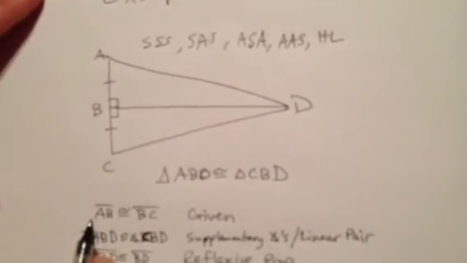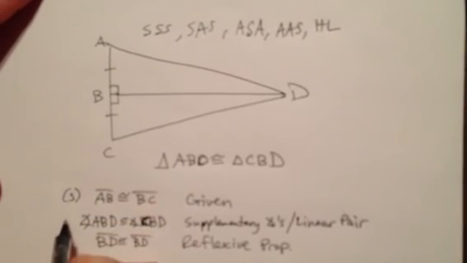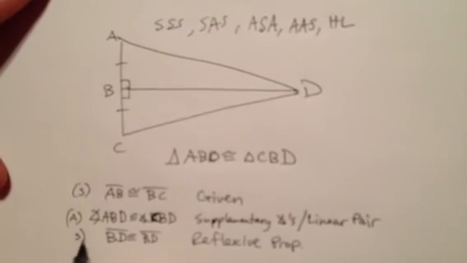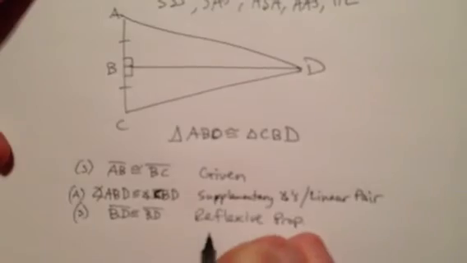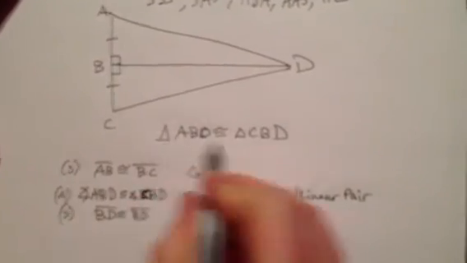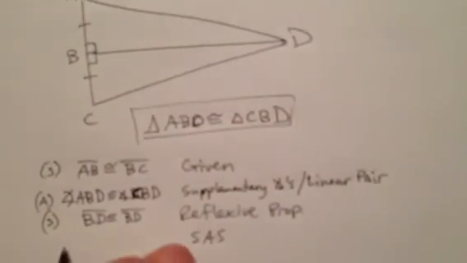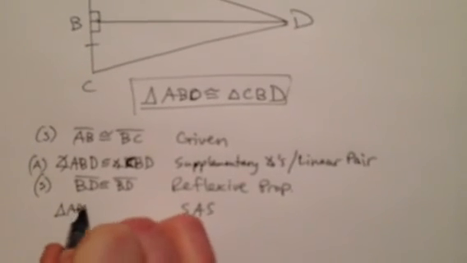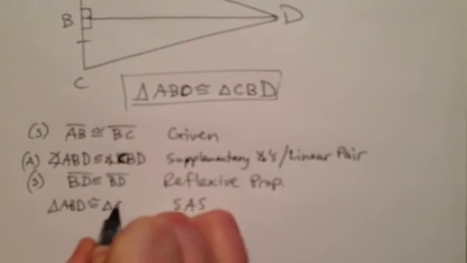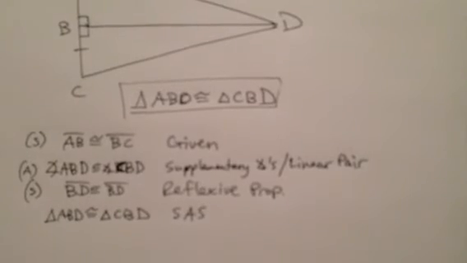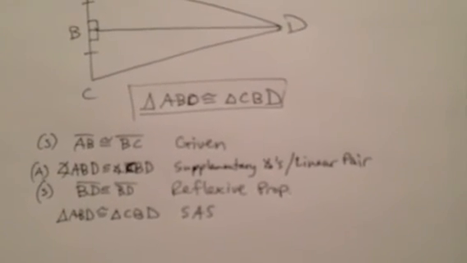And so we look, I have a side congruent, an angle congruent, and a third side congruent. So this is going to be side, angle, side, and we just rewrite what we wanted to prove right here. So that's an example problem for you guys.